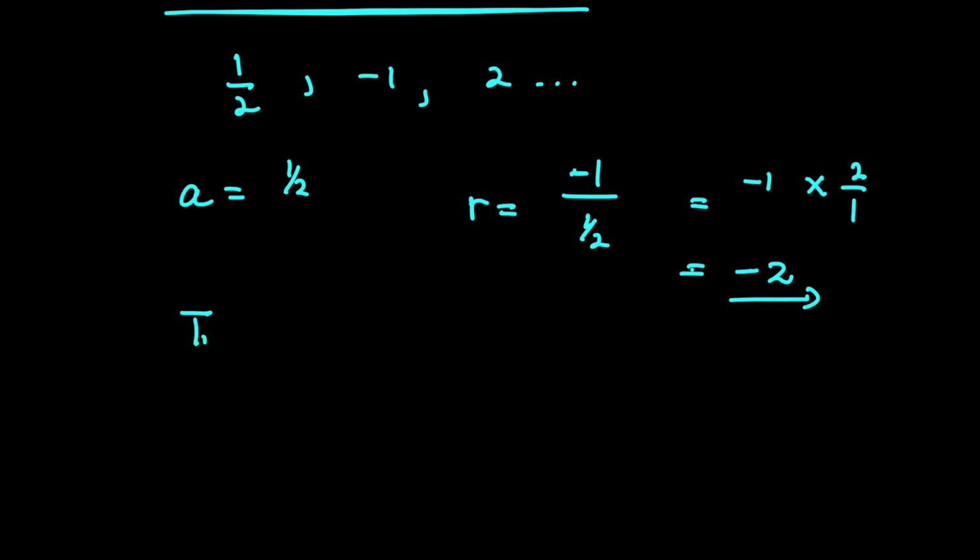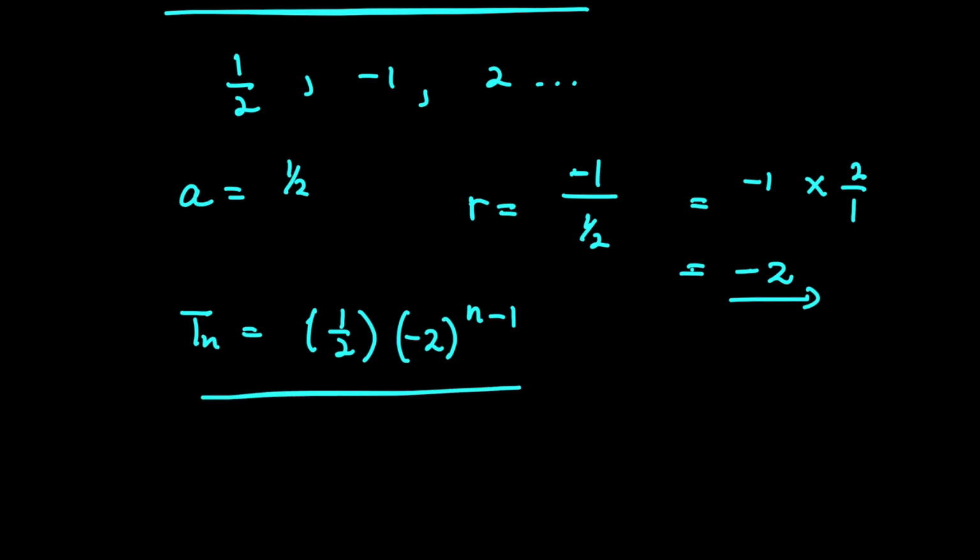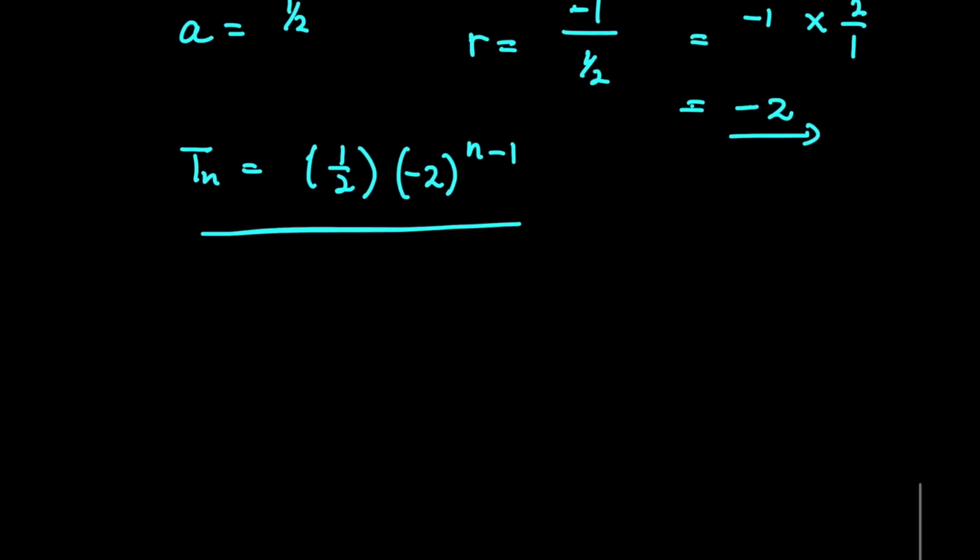So that is your R. Your Tn is equal to A. What is your A? A is 1 over 2. And then your R is minus 2, to the n minus 1. This can be simplified further. Maybe let me show you how you can do that. I don't think you'll be forced to do that, but anyway. A half is the same as 2 to the negative 1, right?